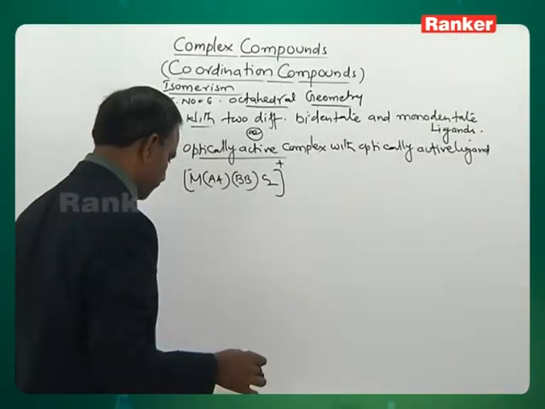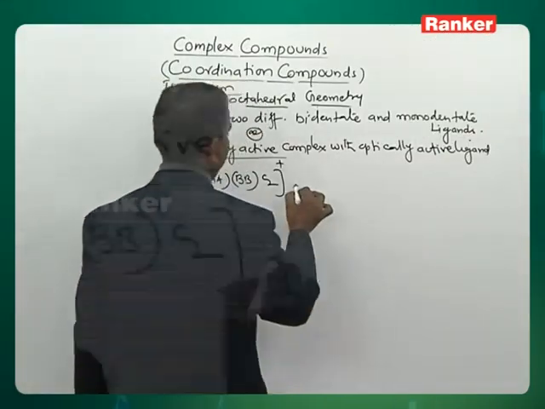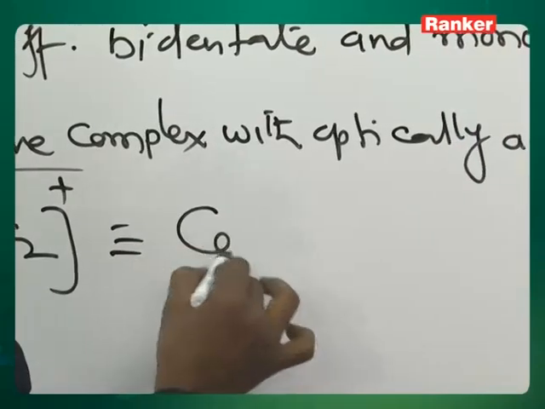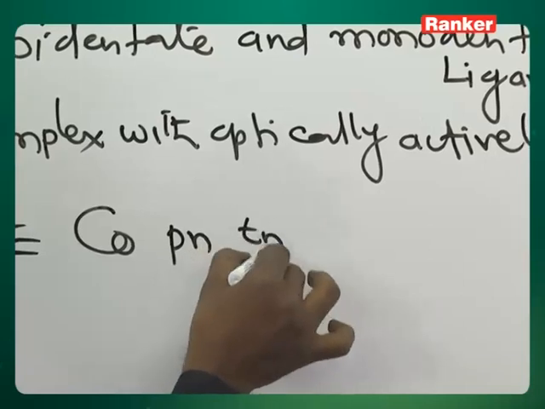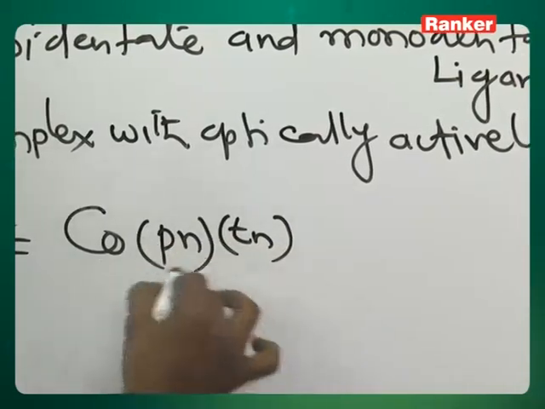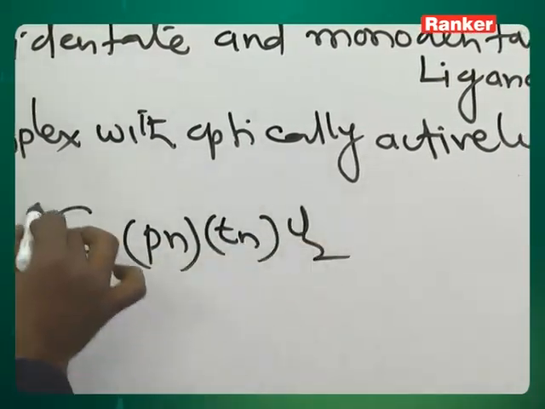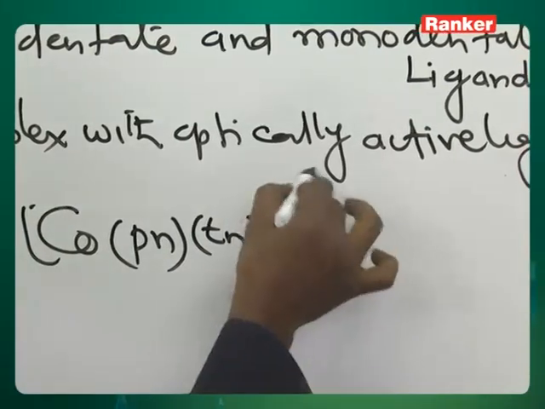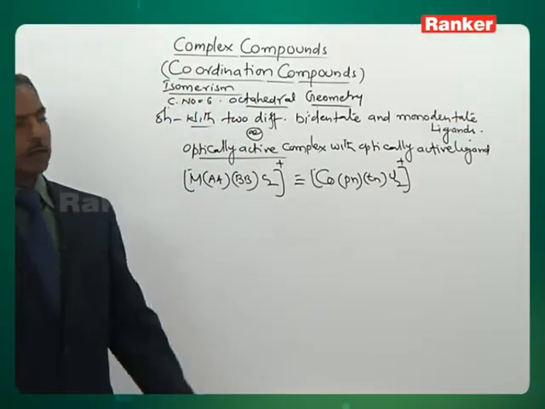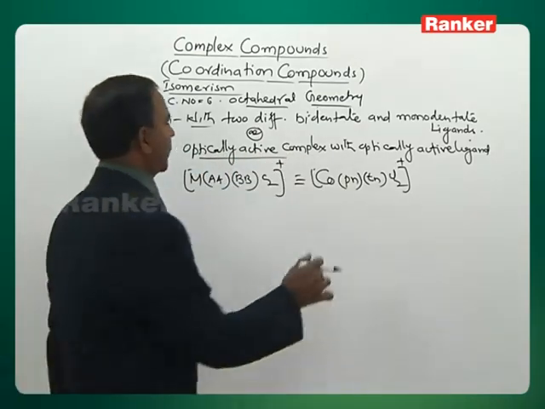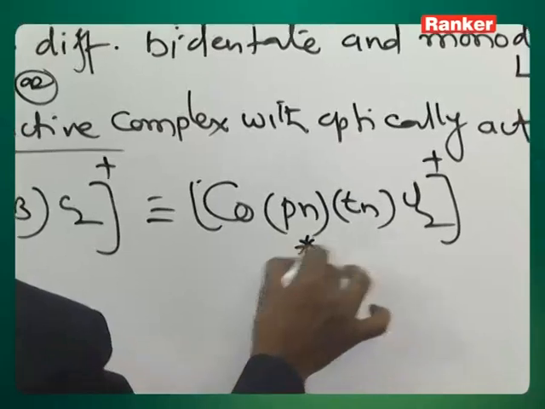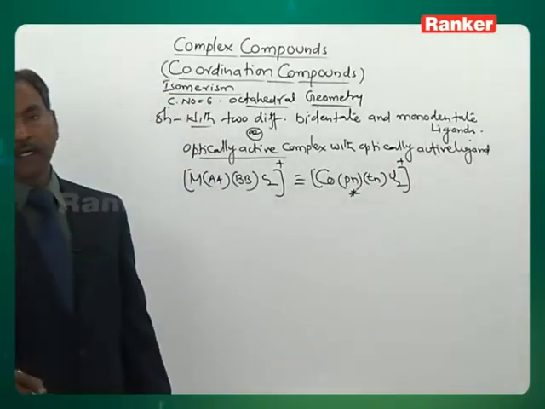In this, Co, one I write pn, one I write tn. pn and tn I am writing. Then Cl2 plus. See, optically active complex with optically active ligand. So this particular pn is an optically active ligand. How do you say this is an optically active ligand?